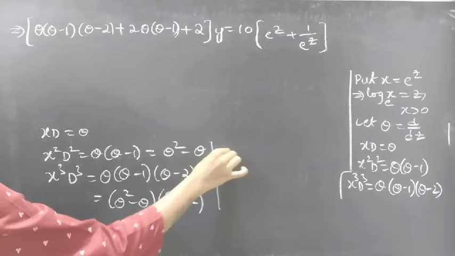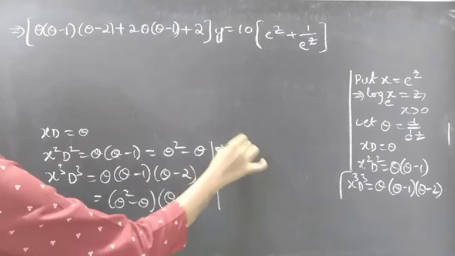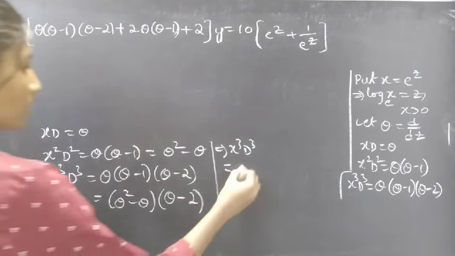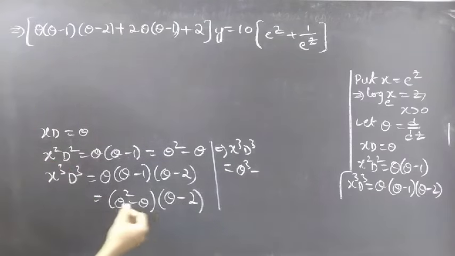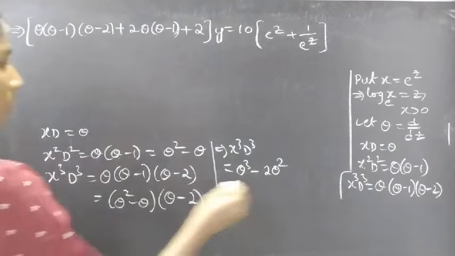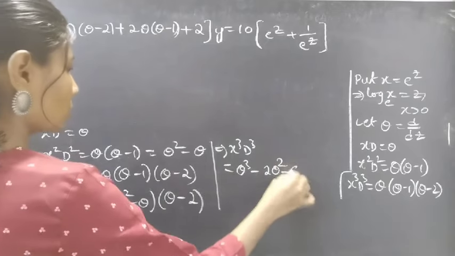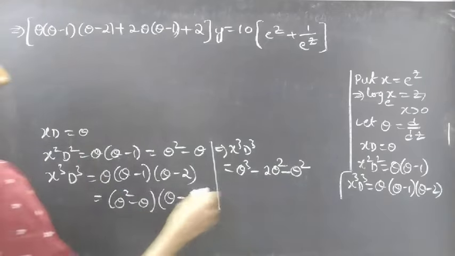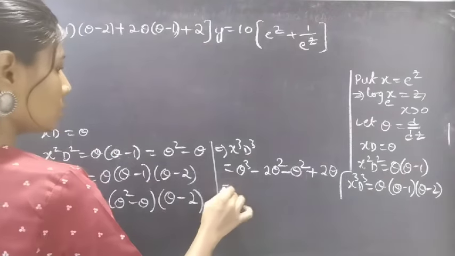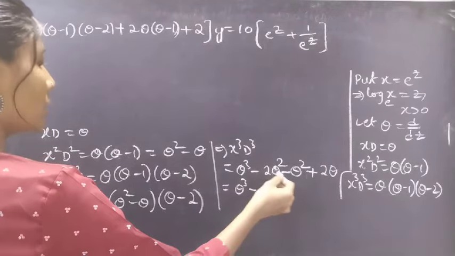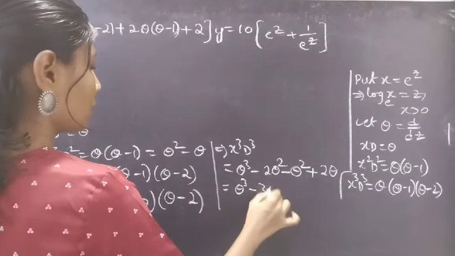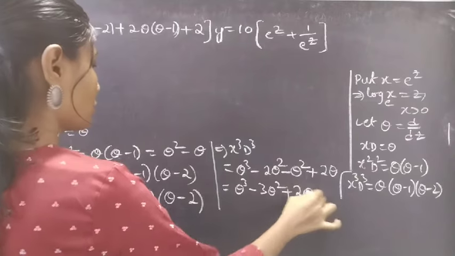This becomes theta square into theta is theta cube, minus 2 theta square, minus theta square, plus 2 theta. This equals theta cube minus 3 theta square plus 2 theta.